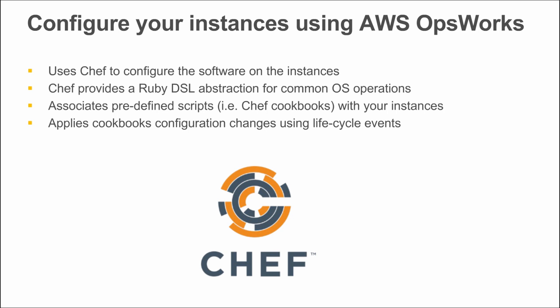You can do that by associating something called cookbooks and recipes. Chef offers you the ability to run those cookbooks and recipes on the instances. So you predefine those cookbooks and recipes, let's say one that turns your server into a web server, another one that turns it into an application, a Rails application server, and so on.